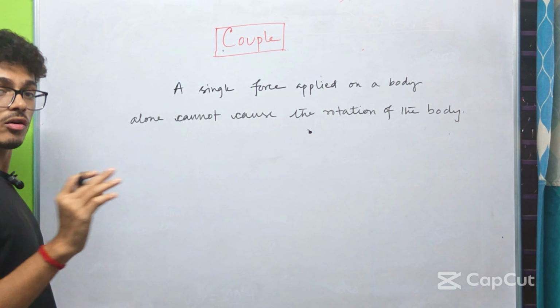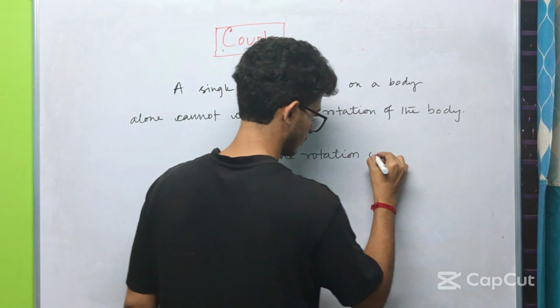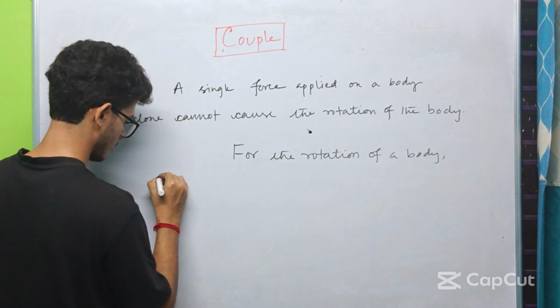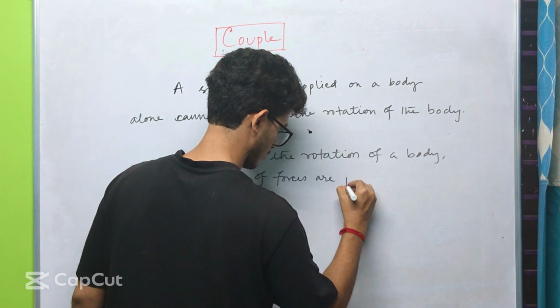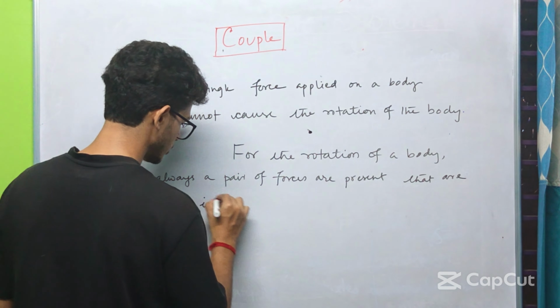For the rotation of a body, there is always a pair of forces present, acting in opposite directions.